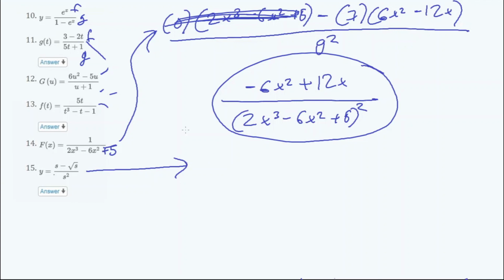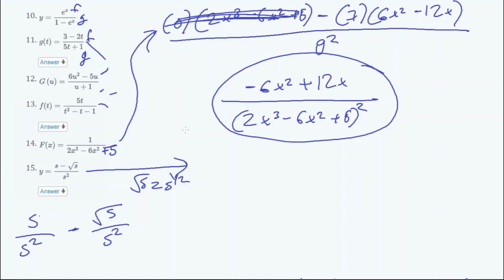So this question represents what I meant, that you don't have to use the quotient rule when you can simplify it. So we have s minus square root of s over s squared. We can rewrite that as s over s squared minus square root of s over s squared. And if you remember, square root of s is equal to s to the half power.